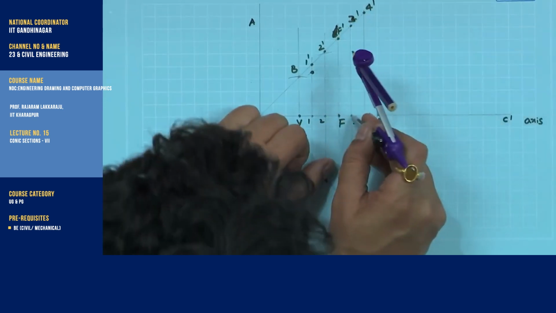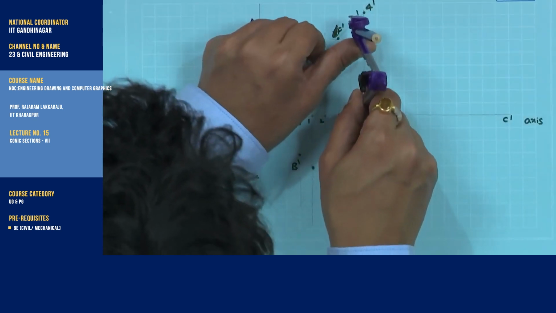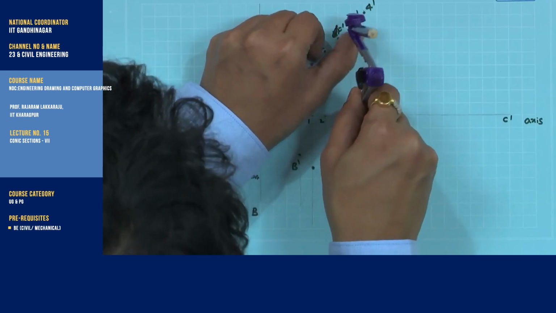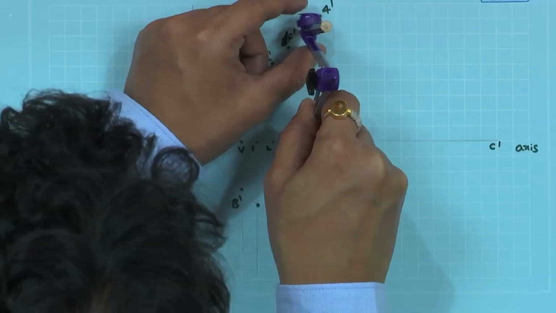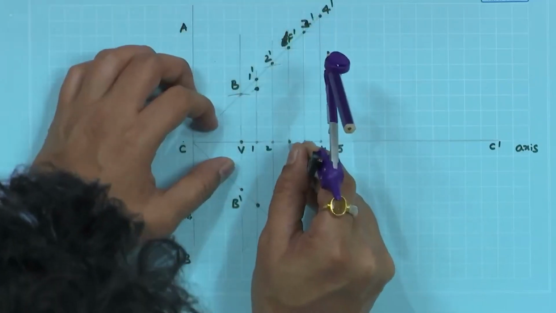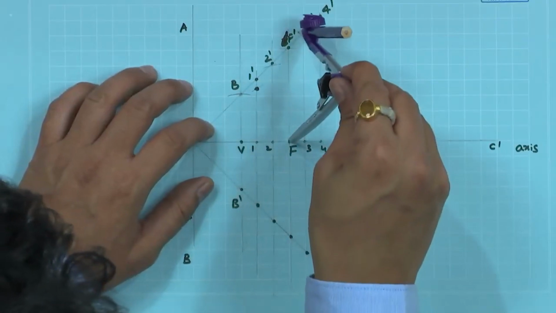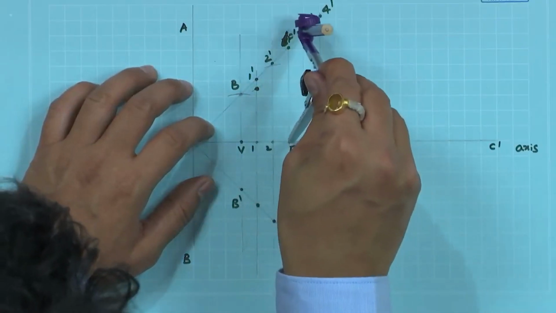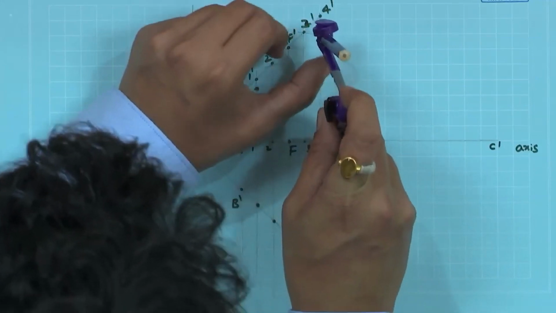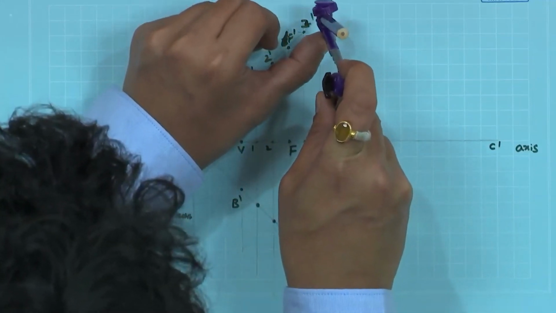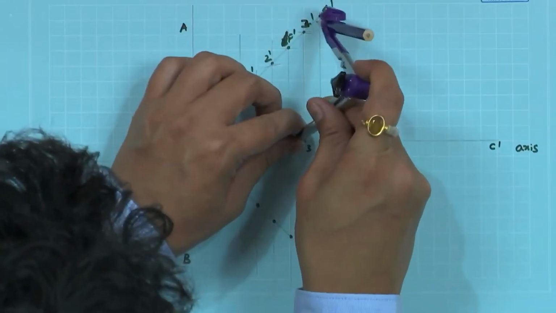So 3 to 3 dash, let us measure that. This is from F, intersect this curve. Similarly 4 to 4 dash, use F and intersect there.